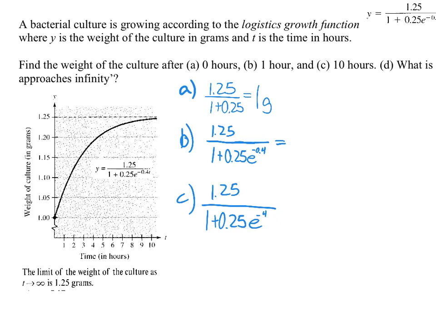What do we get here for B? 1.071 for B. Okay, you got that too? And how about for C, if we plug in 10? 1.2443.